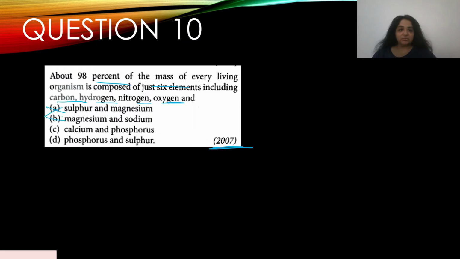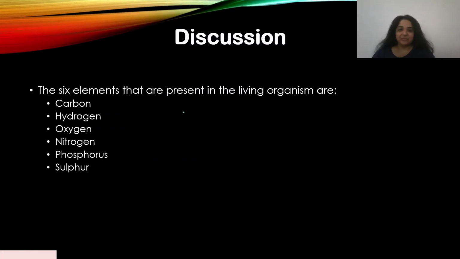No. Magnesium, sodium? No. Calcium and phosphorus? No. It's phosphorus and sulfur. Okay. Answer is D. Please remember this fact. There are 6 elements that are found in this mass of every living organism, and these are the 6 elements. All right. The 6 elements that are present in the living organism are listed over here.